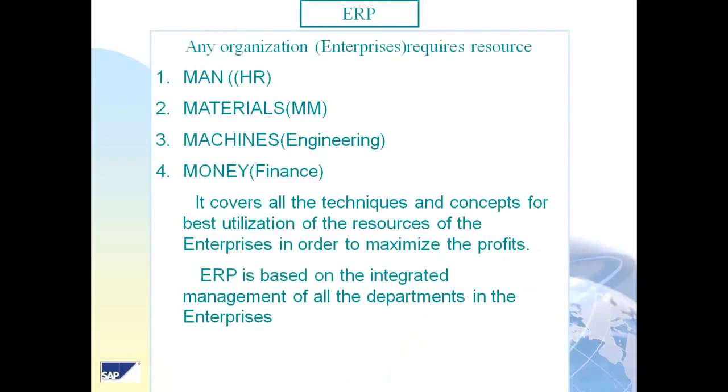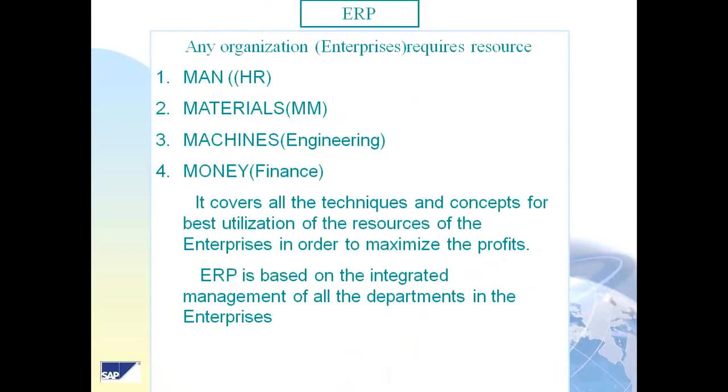But the resources are not plentifully available to any organization. There are some limitations in the organization's capability to increase resources. So we need to plan all the resources which are available. So every department should work to maximize the profits.